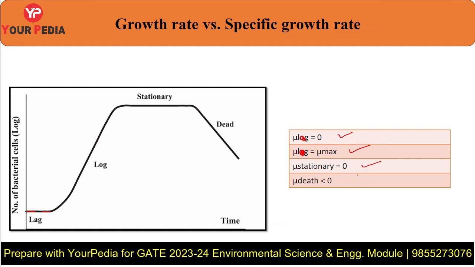And during the death phase, which is the negative growth, where the death rate is way greater than the growth rate, the specific growth rate falls below 0, right? So during lag phase, it's 0, then it's maximum, it's again 0, and then falls below 0, right?